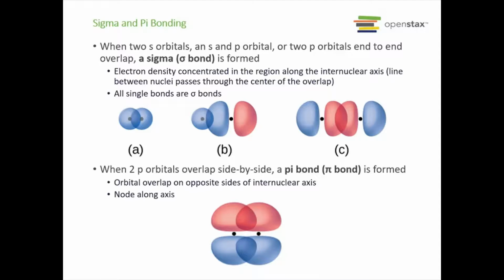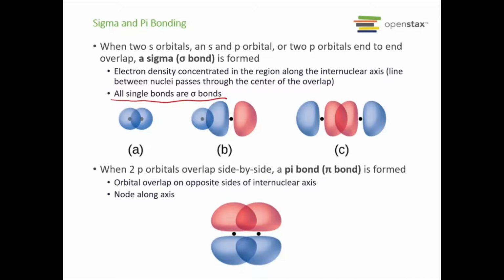We have 3 different ways to form what is called a sigma bond, sigma being this symbol right here. You can either have 2 s orbitals, an s and a p orbital, or 2 p orbitals overlapping end to end. This is a sigma bond, and these are always single bonds. So all single bonds are sigma bonds.